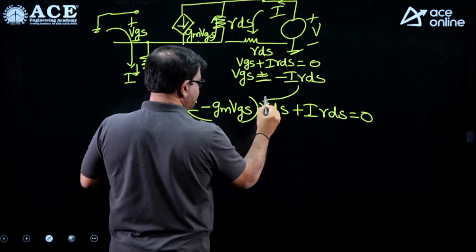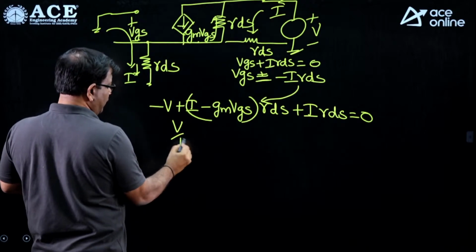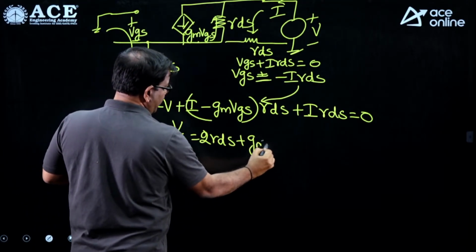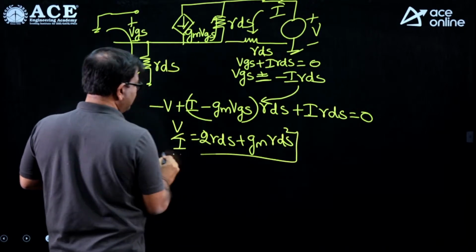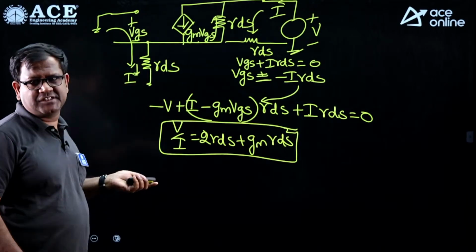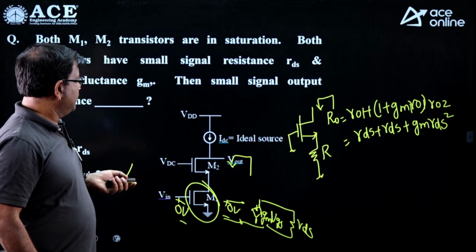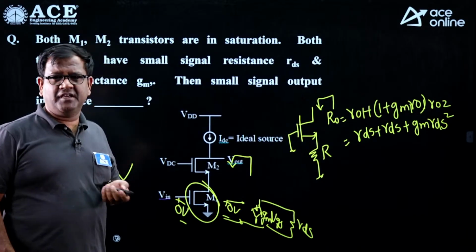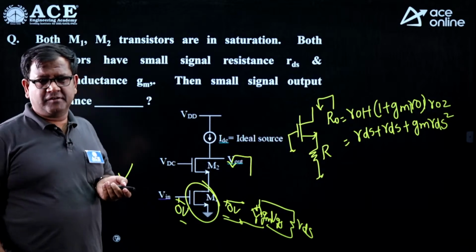So you substitute here, you will get V by I equal to 2 RDS plus GM RDS square. So this is a standard formula, I am just giving you a proof for this. With this, these are the 4 questions I was given in analog. Seems to be a moderate paper.